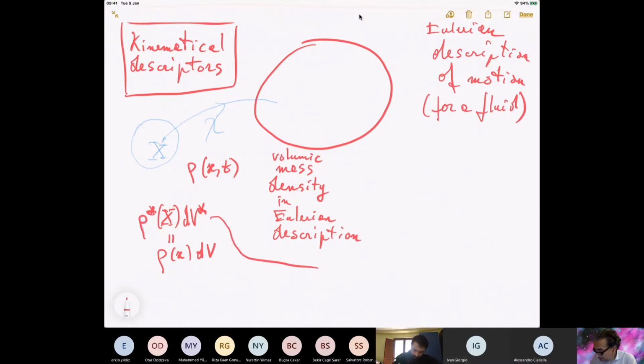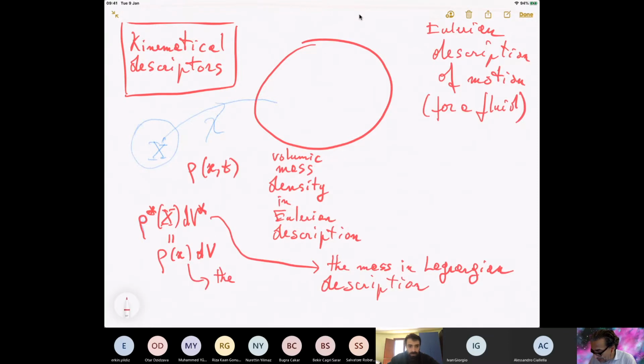This is the mass in Lagrangian description, and this is the same mass in Eulerian description.